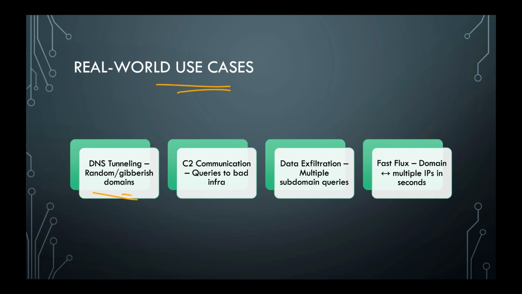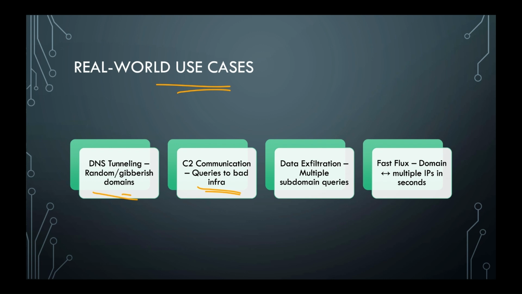This is often associated with DNS tunneling, a technique where attackers use DNS queries to bypass traditional network security controls and exfiltrate data. How can you detect DNS tunneling? You can cross reference the domain against known DNS tunneling signatures and check for high frequency queries from the same IP.